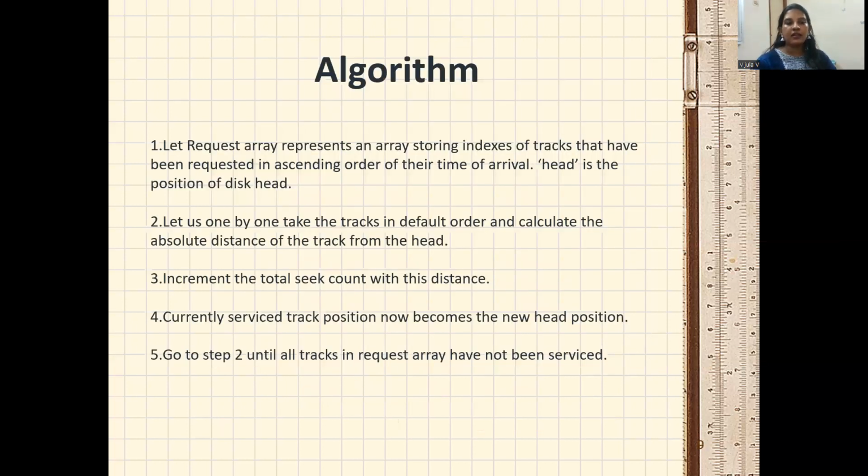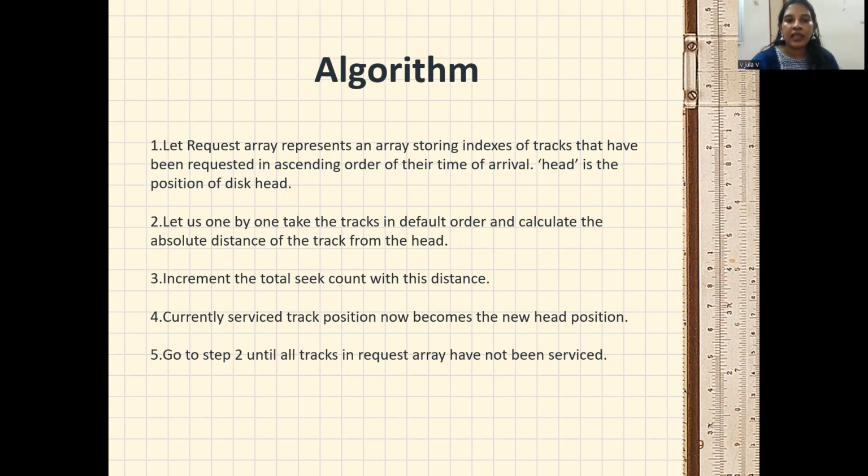What happens in this algorithm is you have a request array. The request array is an array storing indexes of tracks that have been requested, in ascending order of their time of arrival, where head is the position of the disk head. One by one the tracks are taken in default order, and used to calculate the absolute distance of the track from the head. That distance is added to the total seek count.